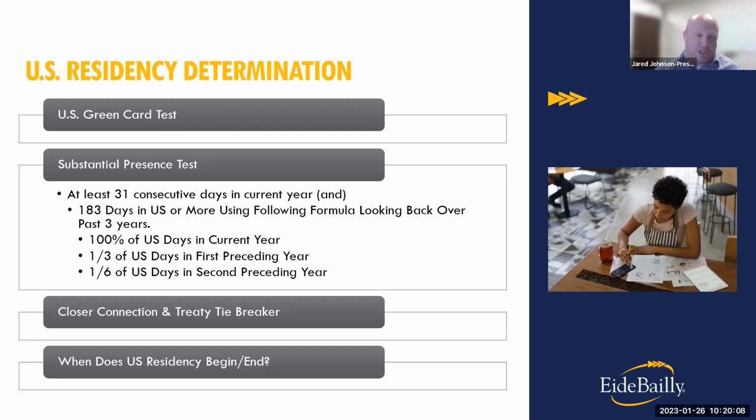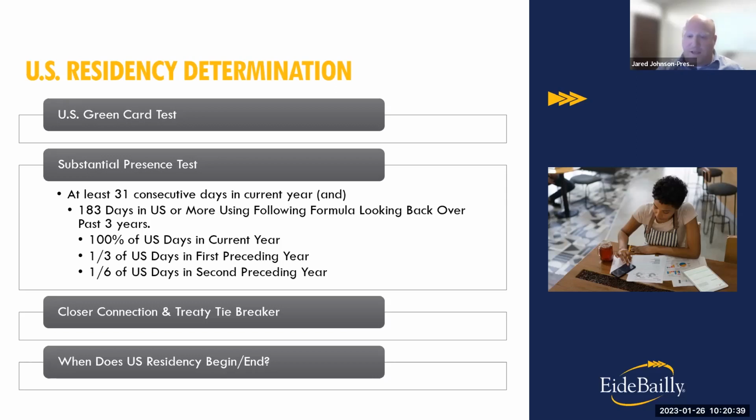If the answer is yes, then you move on and you say, okay, what are my total days in the US in the current year? So let's say that you're trying to determine residency for 2022. You have 160 days in the US in 2022. You go back a year before that, 2021, and you have, let's say, 100 days in 2021.